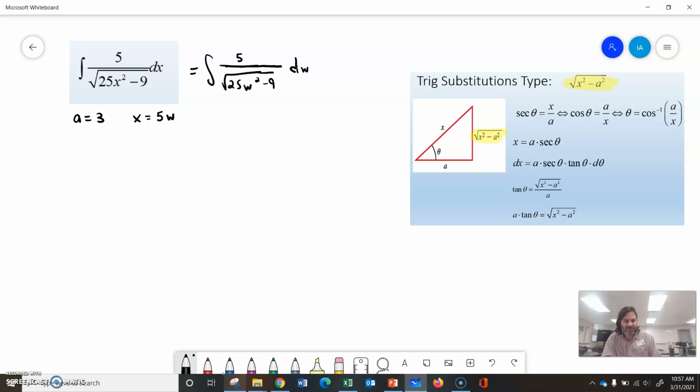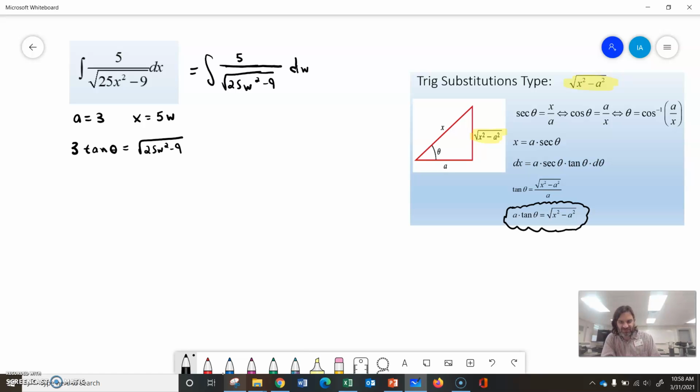So what type of things do I need to do? Well, I need to be able to replace this square root of 25w squared minus 9. So if I come over here, we've decided from this here that that's going to be equivalent to a tangent. So that means that 3 tangent of theta will equal the square root of 25w squared minus 9.